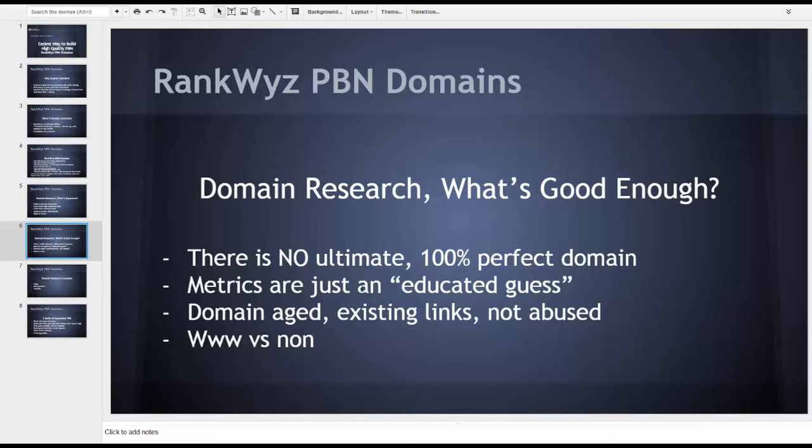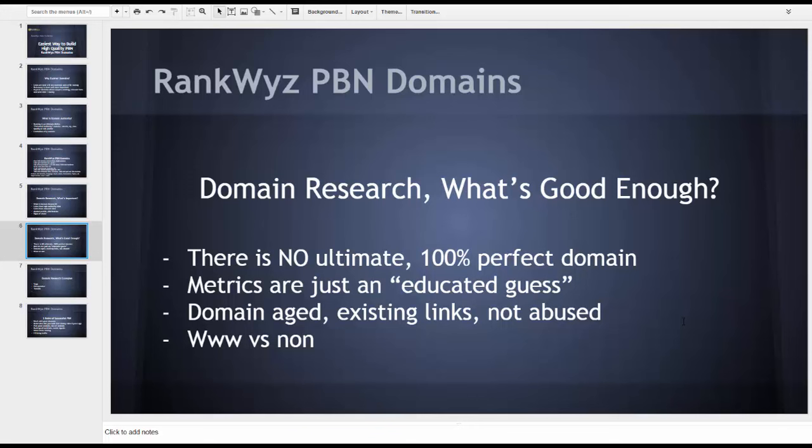All metrics are just an educated guess from all these companies. I probably go a little bit extreme, but if you see the variation of the metrics from different companies for the same domain, you can tell they're probably wrong at the same rate as far as they stand from each other.